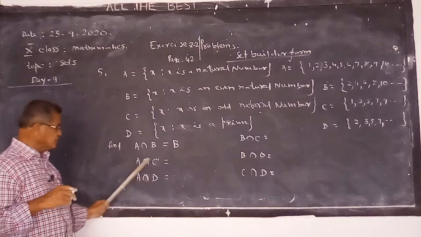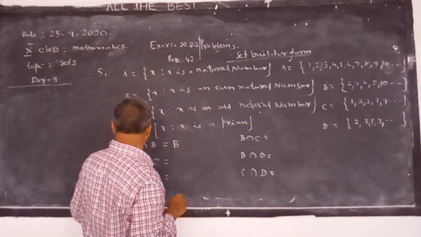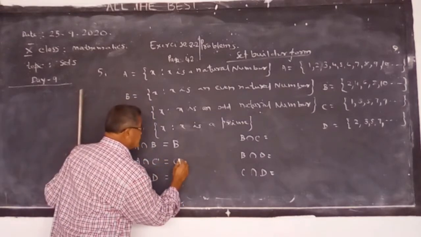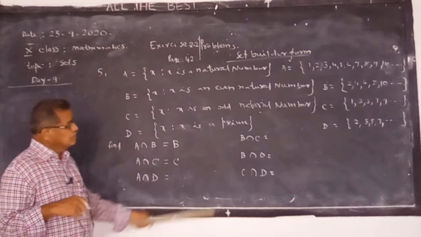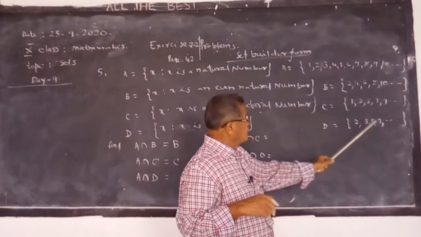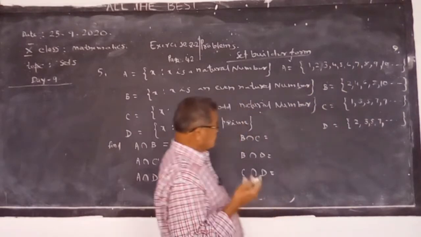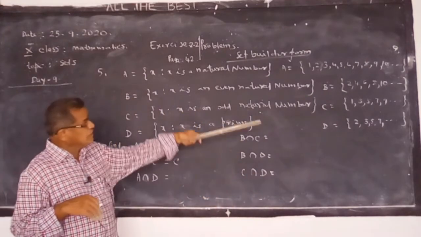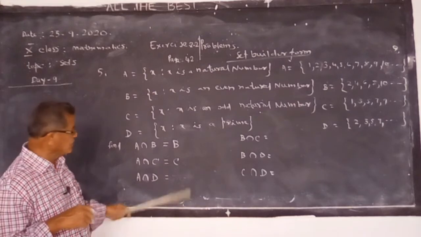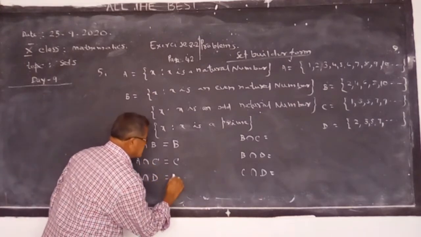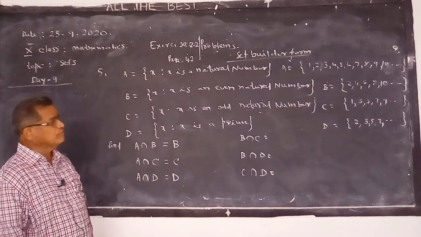So the intersection part, the common elements, are odd numbers, named set C. And D is the primes: only 2, 3, 5, 7. Definitely these primes are also in natural numbers, so we can name it D. See, very simple. A intersection D, common elements, prime numbers.